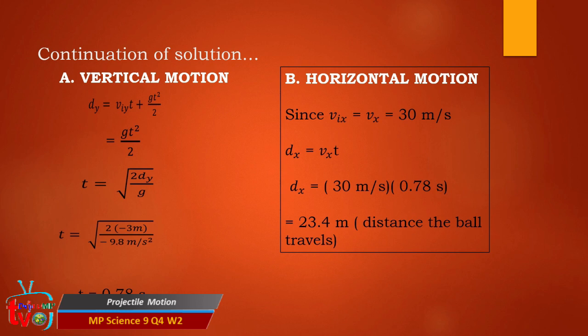Substituting, d sub x is equal to the initial velocity, or simply the velocity of the projectile in motion, which is 30 meters per second, times the time, which is 0.78 seconds. Multiplying now, we will get the distance, which is equal to 23.4 meters. That is the distance the ball traveled.